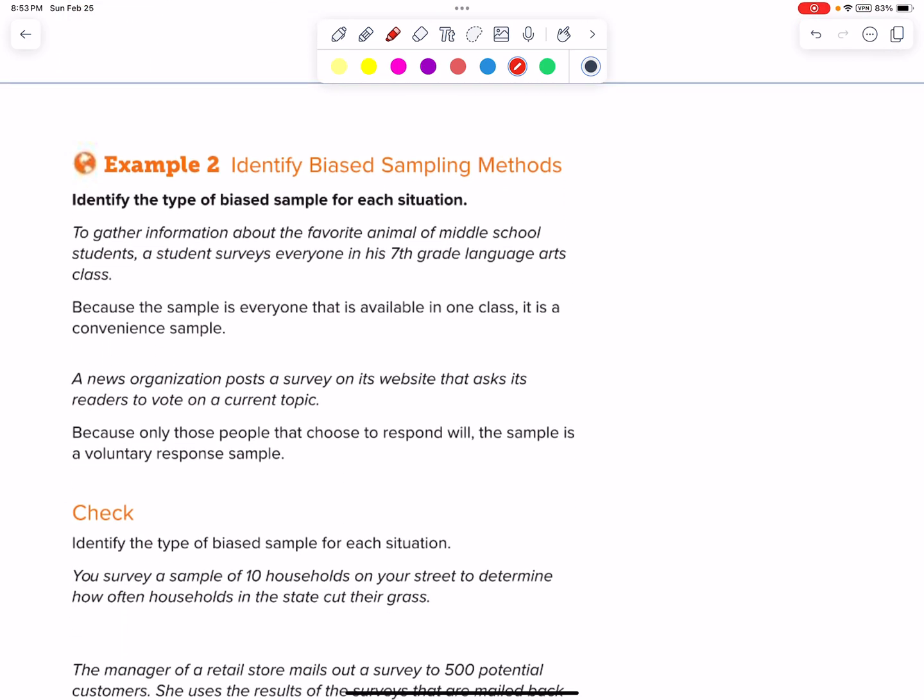So let's go ahead and continue to identify types of bias samples for each situation, and get a feel for how this works. So to get information about favorite animal of middle school students, a student surveys everyone in his 7th grade language arts class. So think about it. Every single person is getting surveyed.